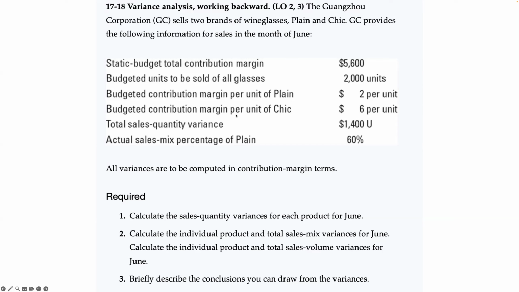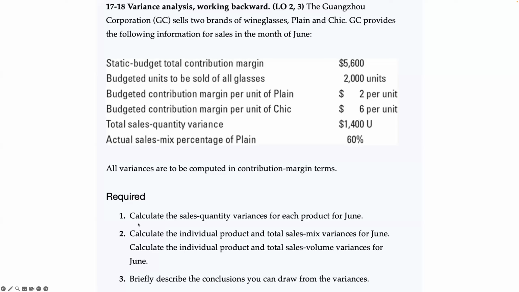Budgeted contribution margin per unit of chic, $6 per unit. Total sales quantity variance, 1,400, unfavorable. Actual sales mix percentage of plain, 60%. All variances are to be computed in contribution margin terms.